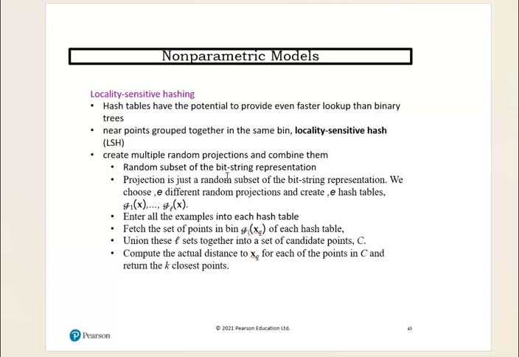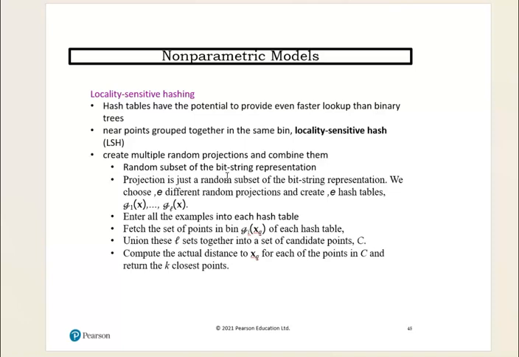Even though hash codes randomly distribute values among the bins, we want to have near points grouped together in the same bin. Now that would speed up the process if we were able somehow to map our entire data into bins where each bin contains data points that are near together.